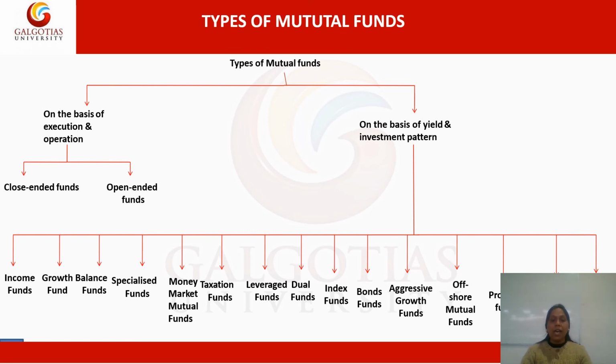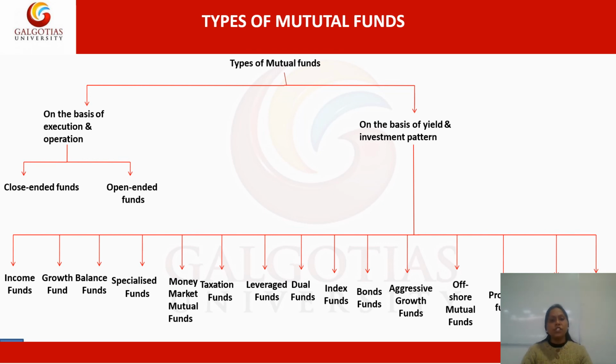Index fund, as per the index the funds are available. Bond fund, a quite less risky mutual fund. Aggressive growth, for companies that are very much into a high growth pattern, so aggressive growth funds are also available. Offshore mutual funds, and other categories also exist.